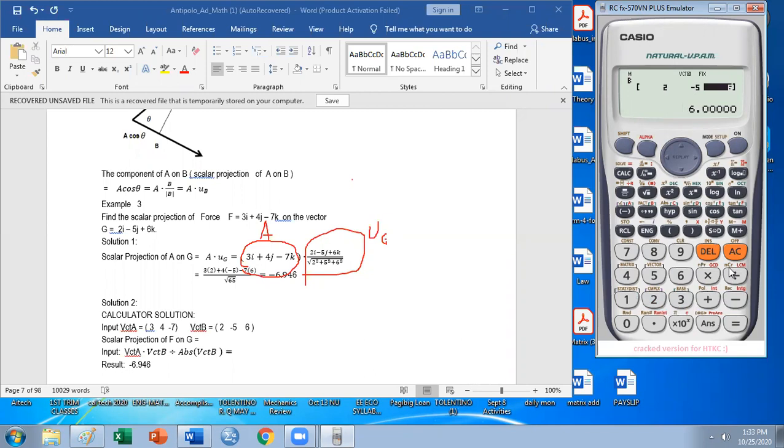Then to get the scalar projection of A on B, that is vector A, dot product, then Shift 5, 4, divided by its absolute value, Shift absolute value of Shift 5, 4.